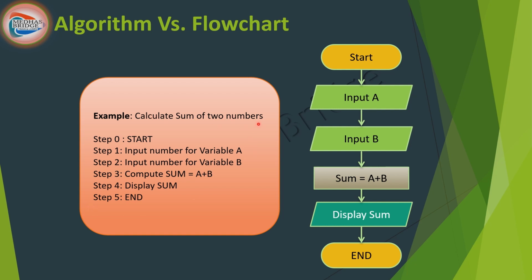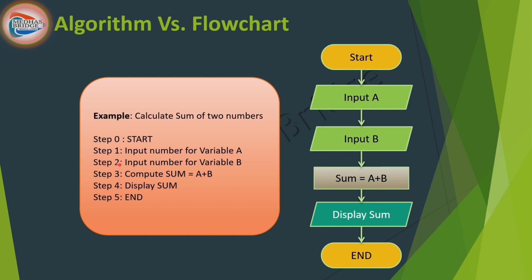So I would be needing 6 symbols to represent in my flowchart. Let's look at step 0 to start the program and then step 5 to end the program. Would be needing same symbol, and hence I'm using start and end symbols in my flowchart.